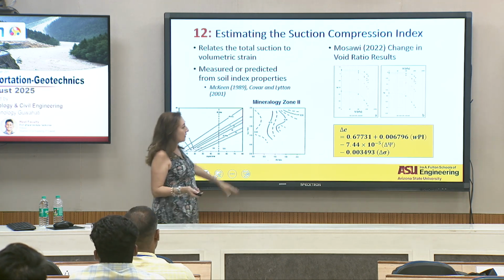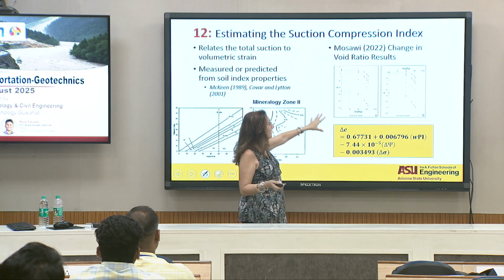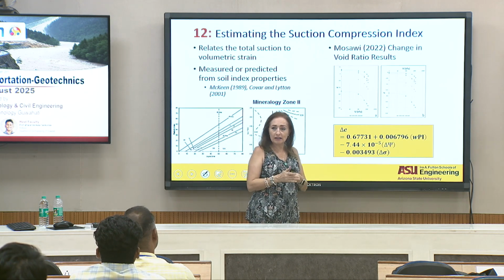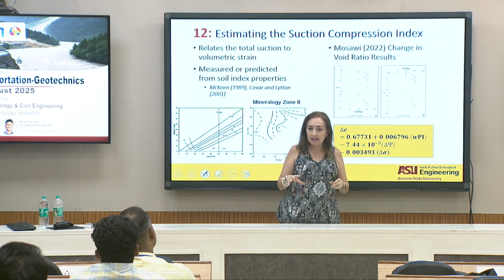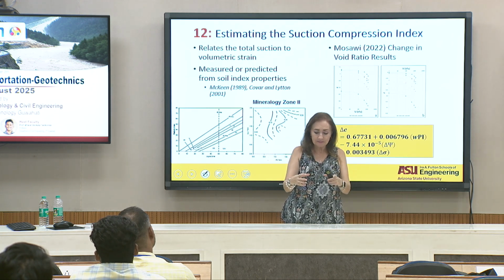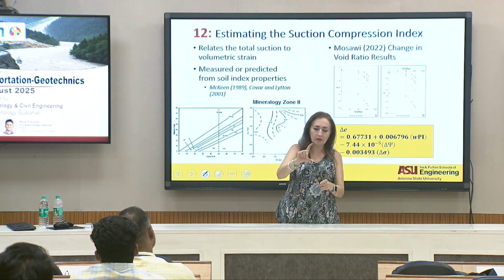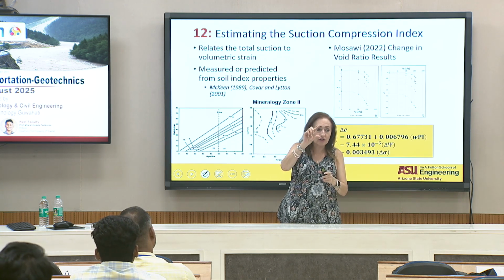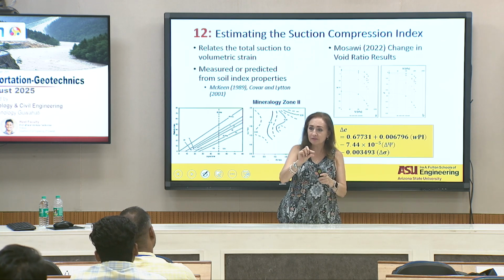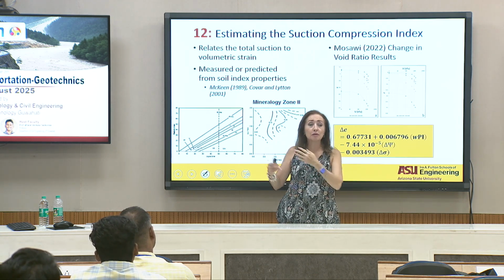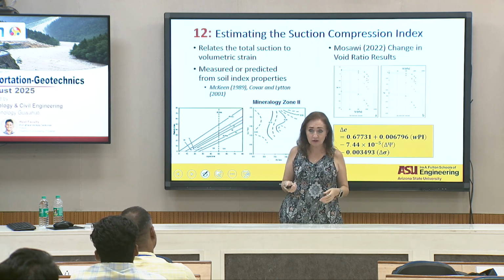Also, one of our students, as part of this study, Mohammed Mosawi, took the soil water characteristic curve, right? And he started measuring the change in volume due to the applied suction, okay? So we put an LVDT in that cell, and we started changing the suction and measuring the volume change for all those expansive soils that we had in-house from the previous study from Vann and Houston, okay?